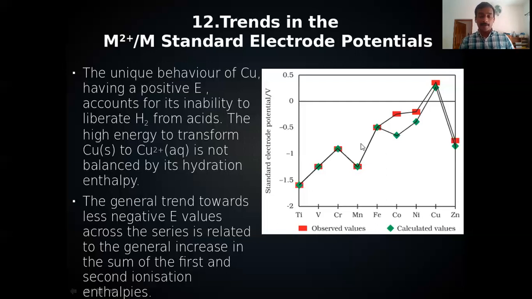One is ionization enthalpy, another is atomization enthalpy, we can consider either. Then hydration enthalpy is another one. Then the stability of different ions also contributes to the electrode potential.